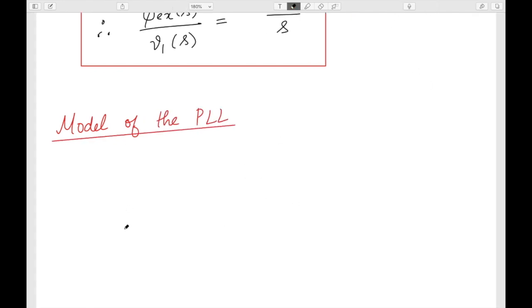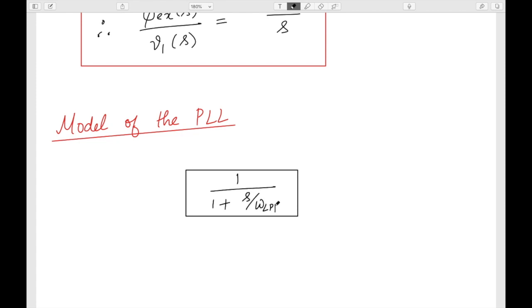So the complete model of the PLL is something like this. I have the low pass filter, an RC, whose S domain form is 1 plus S by omega LPF, where omega LPF is 1 by RC.